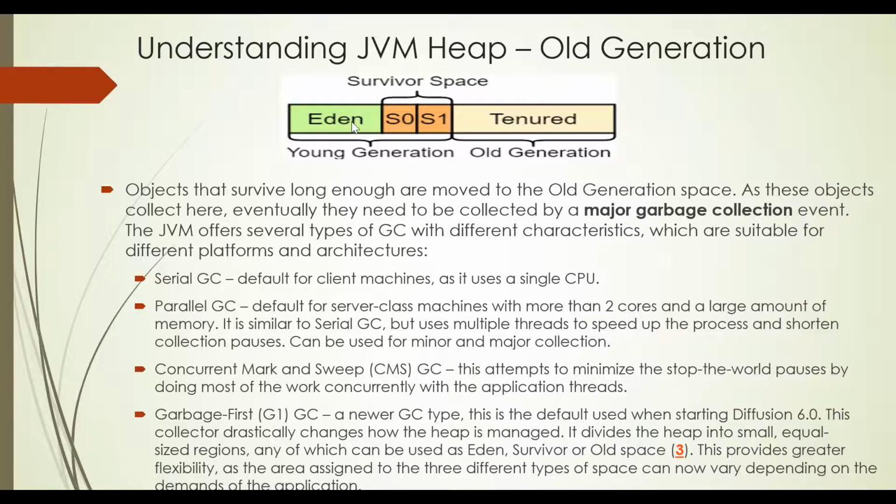Then again, it will mark the objects that have to be collected in Eden space and wipe them out. If some objects survived 7 to 8 cycles in Eden space, they will be moved to S0. Then these objects get moved from S0 to S1, and then again from S1 to S0.